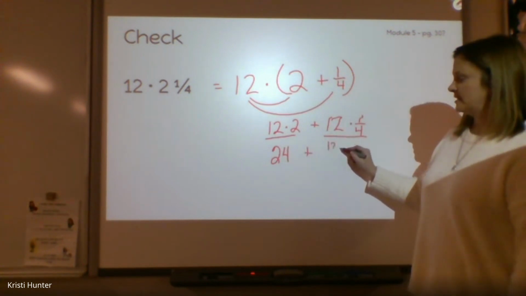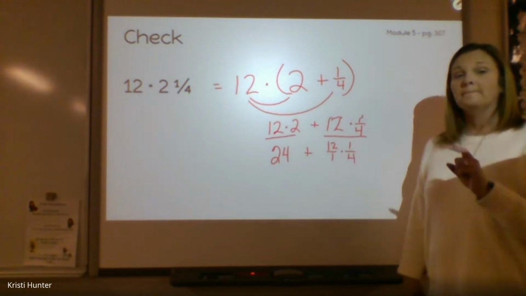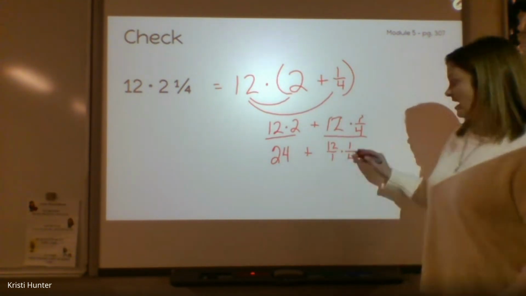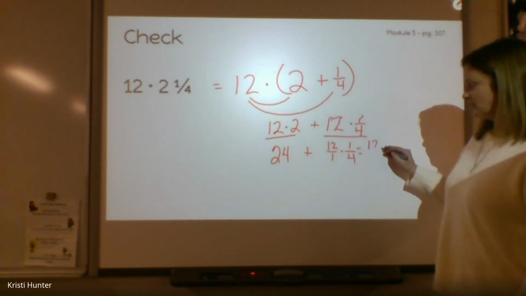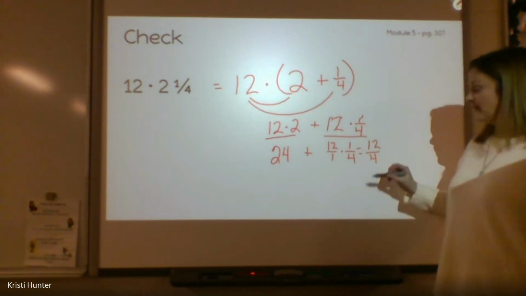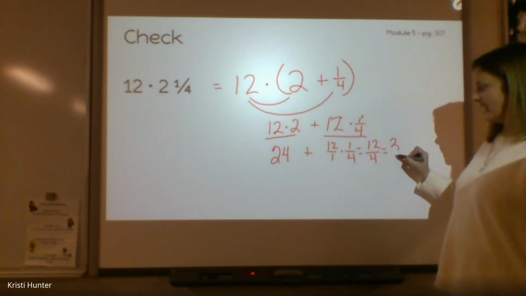Plus, remember, this is 12 over 1 times 1/4. Multiplying fractions, I don't need to find common denominators. So I can just multiply 12 over 4. And now I'm ready to simplify. 4 will go into 12 3 times.